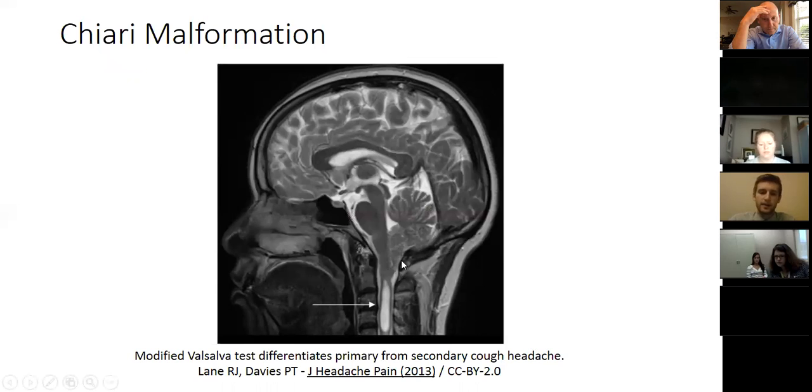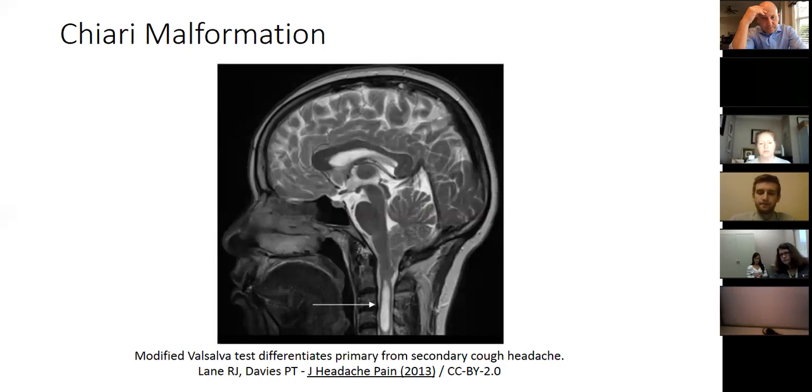Those tonsils in that picture are more pronounced than the average person's cerebellar tonsils, and it's causing some CSF backup and buildup. What the arrow is actually pointing to is a fluid-filled cyst inside the spinal cord called a syrinx, which we'll talk about more in just a little bit. So this is what Chiari malformation may look like on a mid-sagittal MRI.